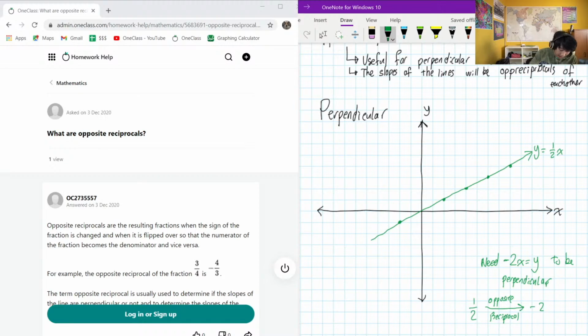Okay, so that's why that's going to work out. So if we draw that line, let's do it in red, of negative 2x, we will have a line that looks like this. So this is y equals negative 2x.